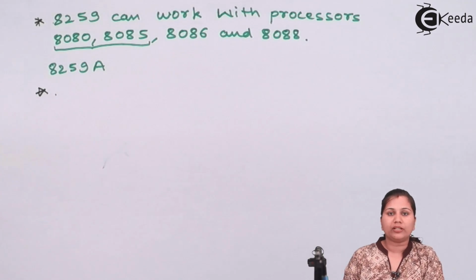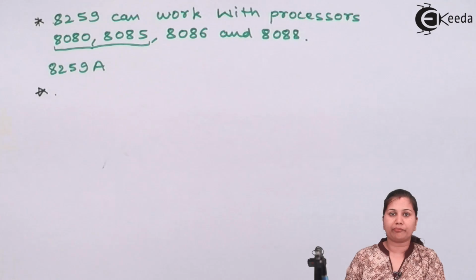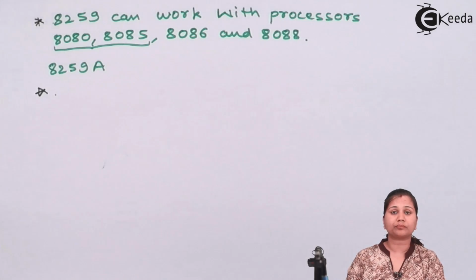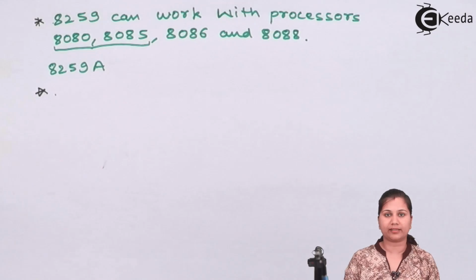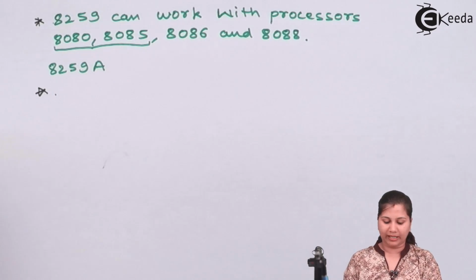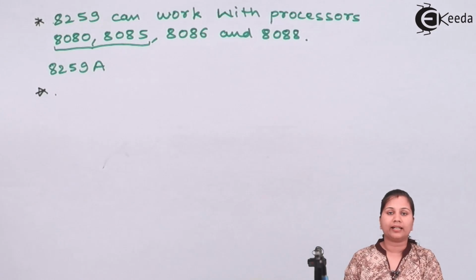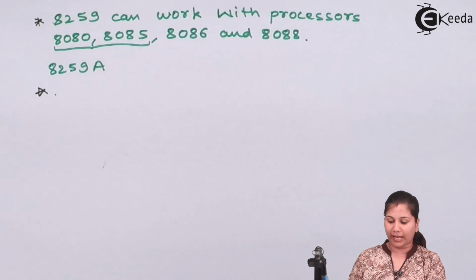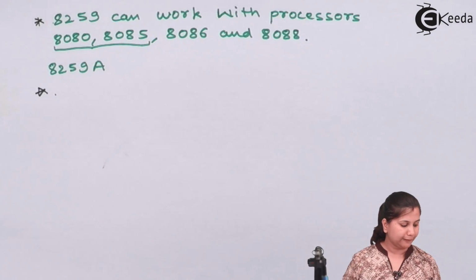The next feature of 8259 is related to the vector addresses in 8085 microprocessors. That is the problem we discussed, that when we have the INTR line, the interrupt vector address is not available.